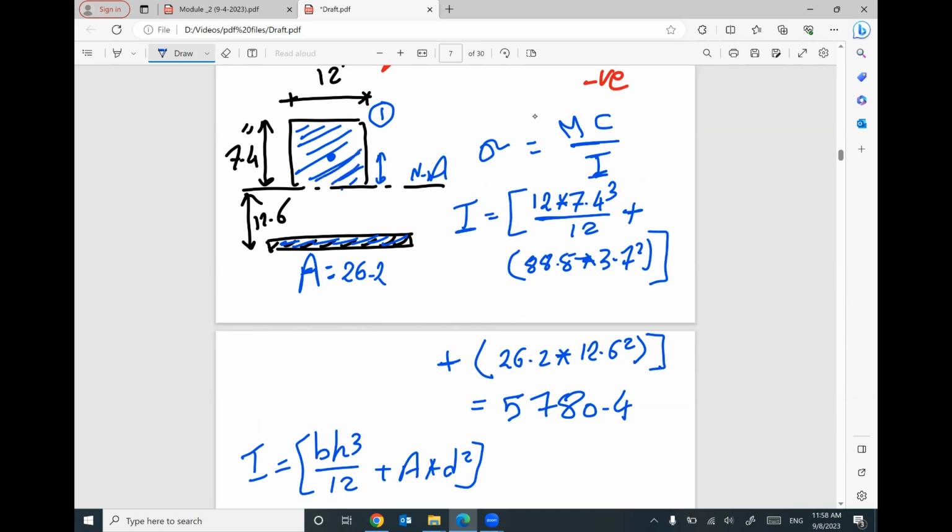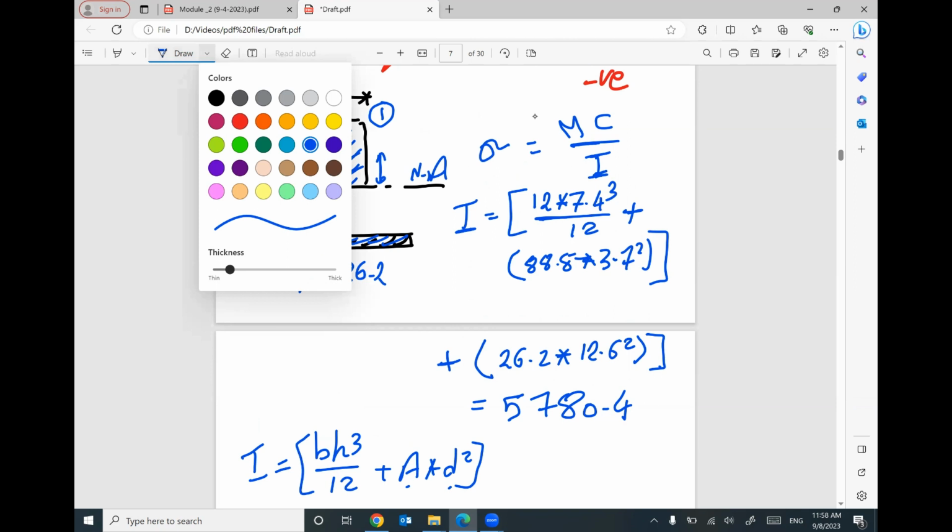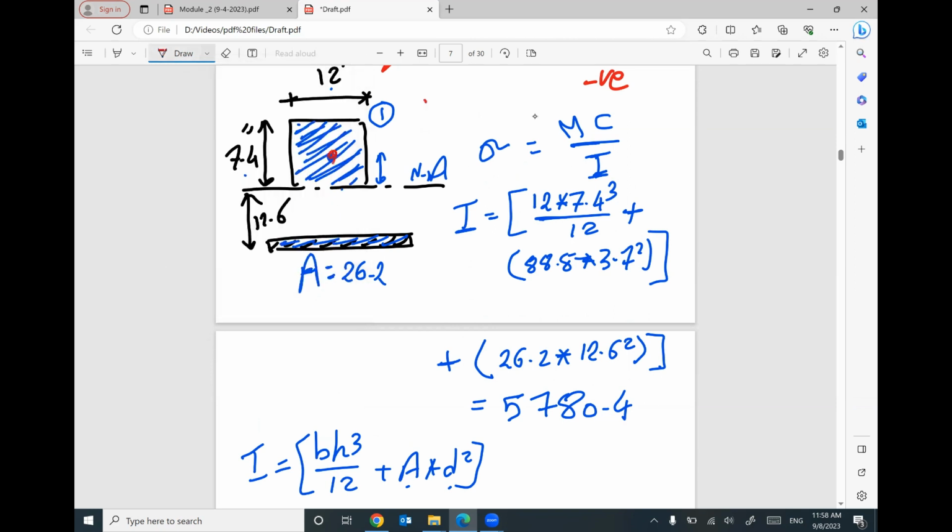The area of this part is 12 by 7.4, times the distance between the centroid of this part and your neutral axis, which is half of 7.4. Okay, plus what is the area of the second part? Times distance squared. That's enough. I will neglect BH cubed divided by 12 because it's a very small number. Your moment of inertia equals 5,780.4.